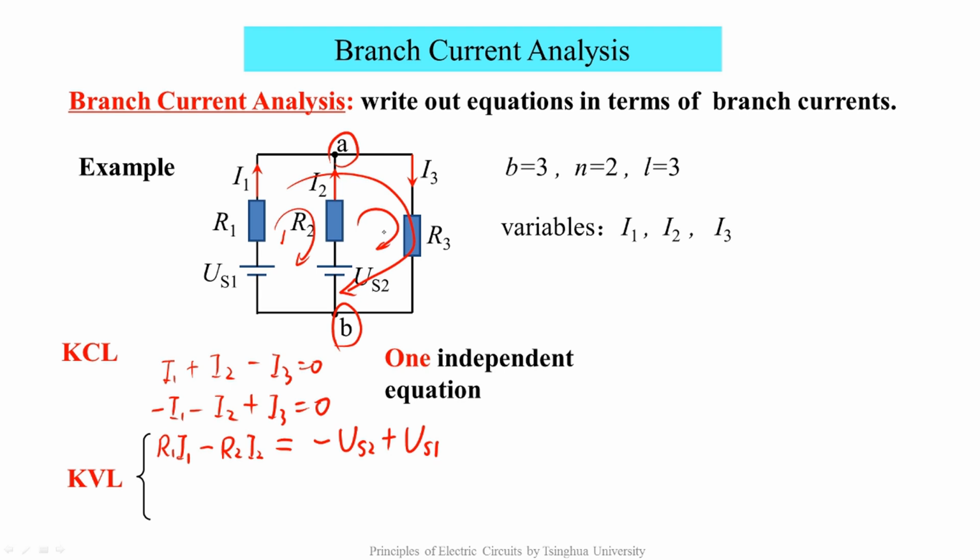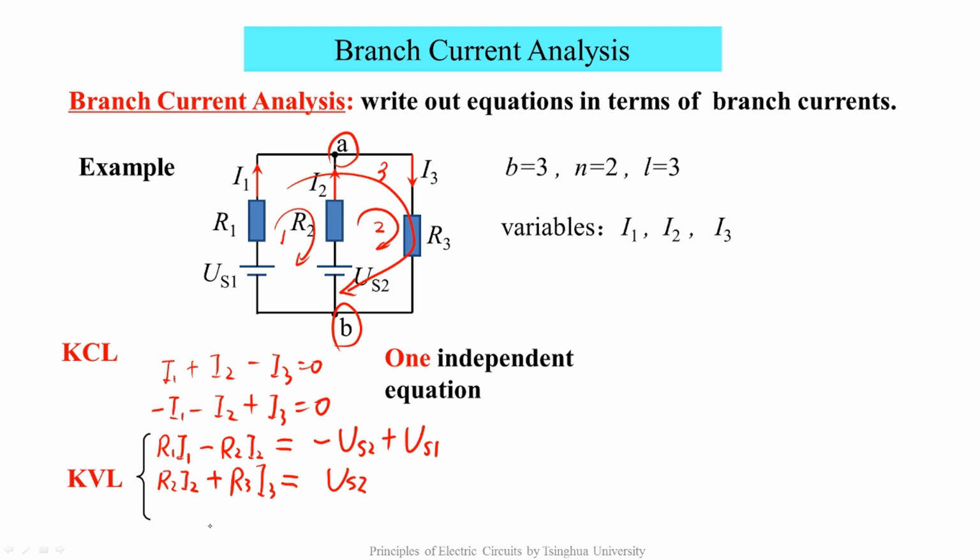Look at loop 2. In loop 2, the left part is the voltage drop of all resistors, that is R2 times I2 plus R3 times I3. The right part is the voltage rise of all sources, that is positive US2. Look at this large loop, loop 3.